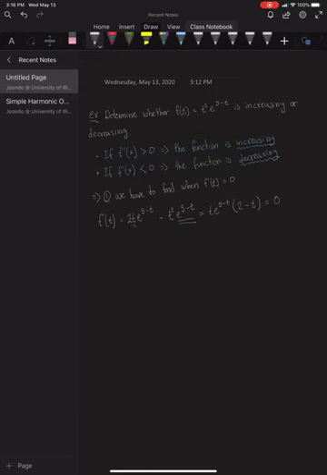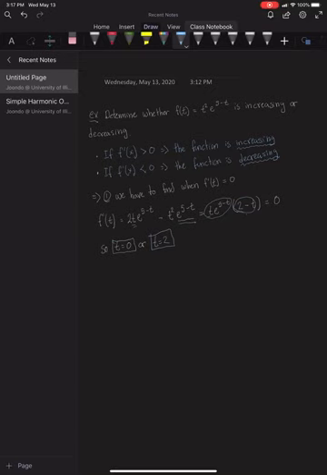So either this is equal to 0 or this has to equal 0. So we get either t equals 0 or t equals 2 as the answer. So when t equals 0 and t equals 2, f prime of t is going to be equal to 0.